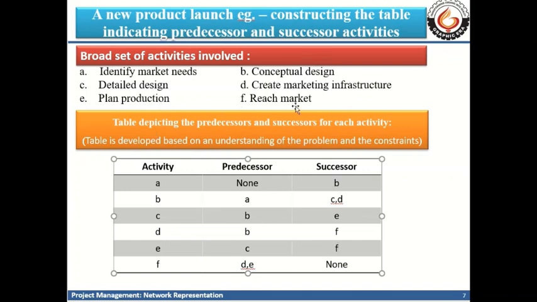Now the final activity is F, that is reaching out to the market, which has its predecessors as creating marketing infrastructure and planned production, as we have seen just some time back. And after that, the project gets concluded, so there is no successor activity involved with activity F. So this is how we get a precedence table for this particular set of activities.